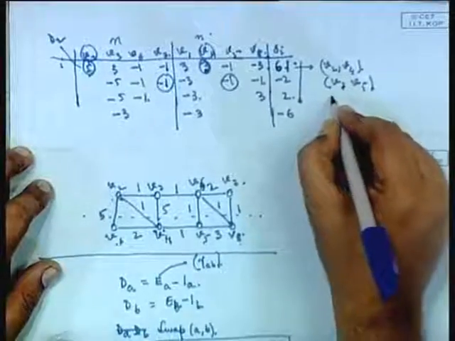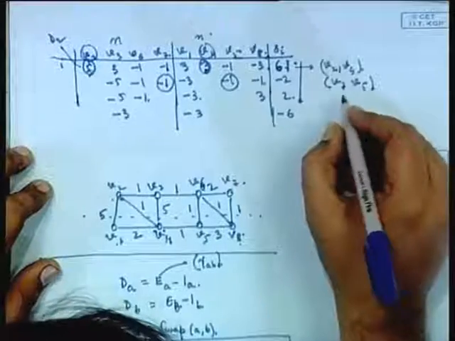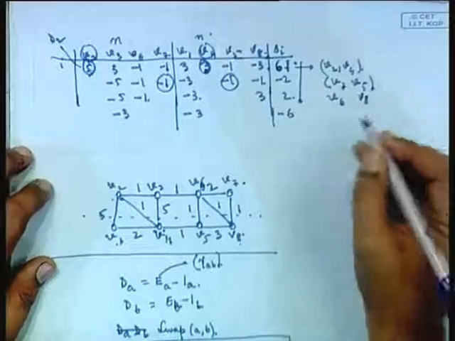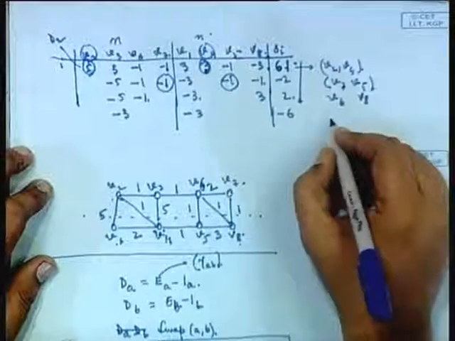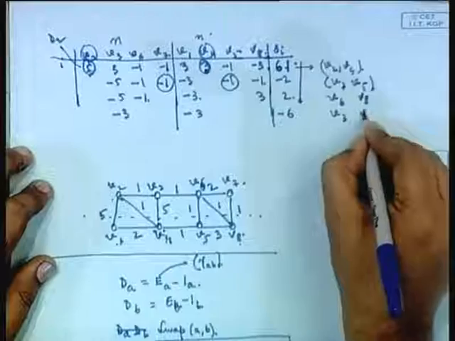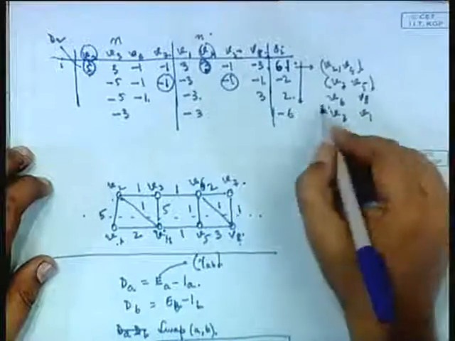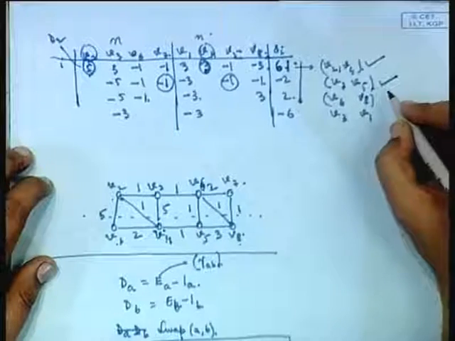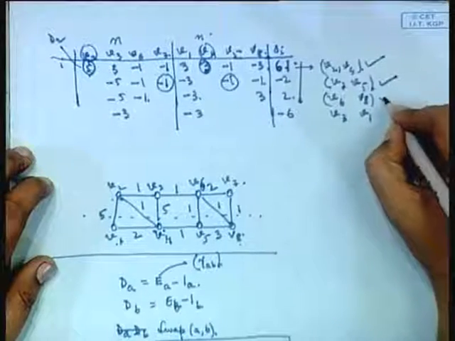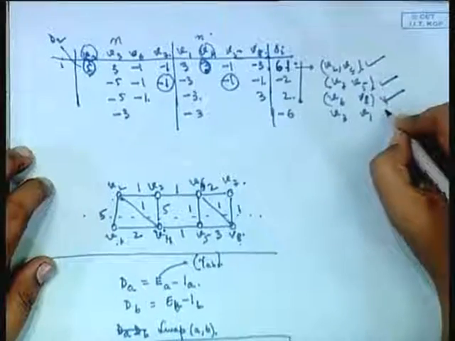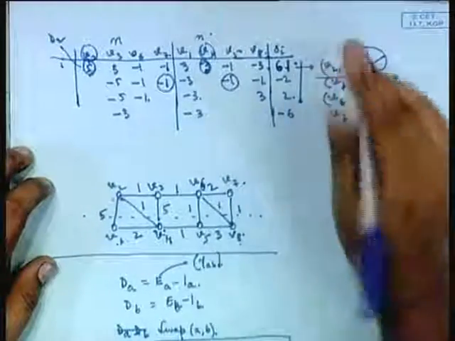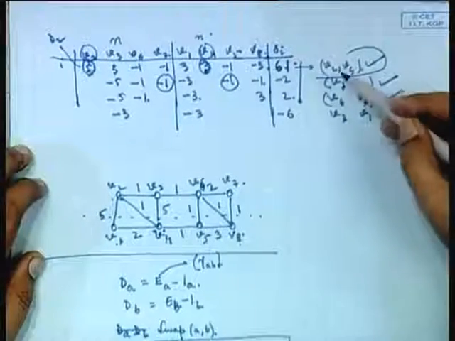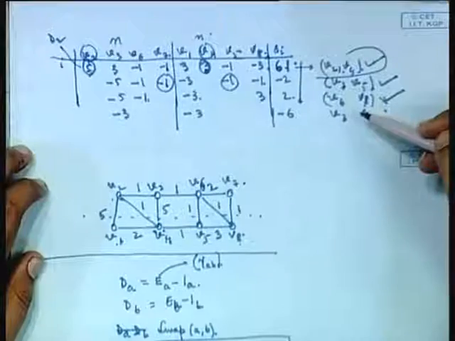Then swap V8, then you gain again 2, and at the end if you swap V3 and V1, you lose minus 6. So, most probably you can swap up till this 3. If you swap only this, you are gaining 6, but if you do these 3 steps, then also you are gaining 6. So, either you can swap once or you can swap thrice.